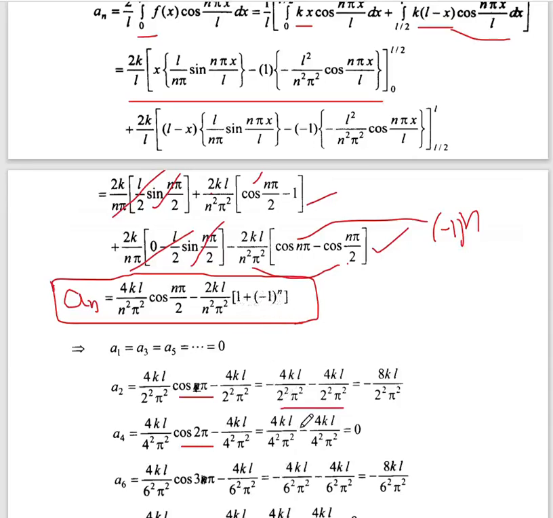So this becomes 4kl upon 4²π². Okay, cos 2π means that is 1. So putting these values, here cos π means minus 1, so here plus 1. So this term and this term cancel, and we will get 0.